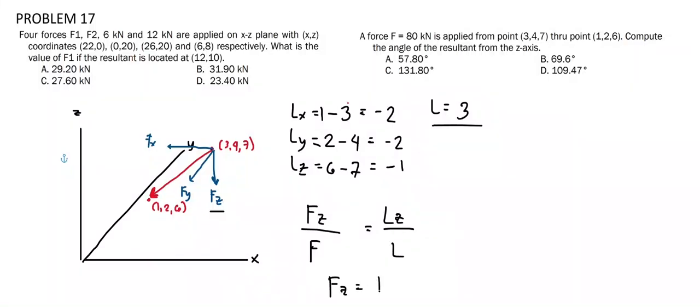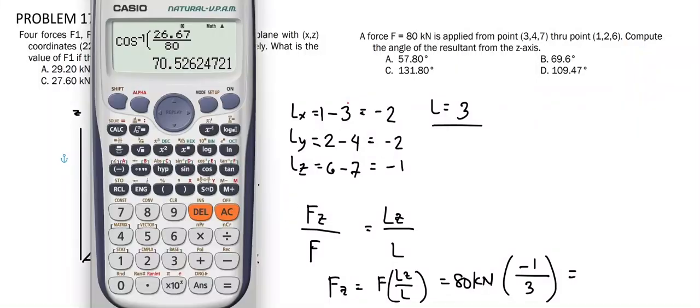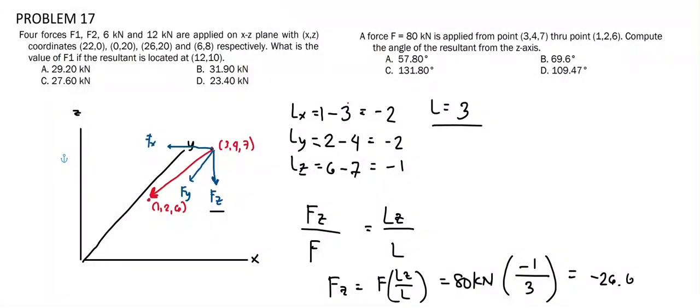So Fz is equal to F times Lz divided by L. That is equal to 80 kilonewton times Lz, that's -1, divided by 3, which is equal to negative 26.67. So the negative sign here indicates that Fz is acting opposite to the positive z-axis, so it's going downwards.